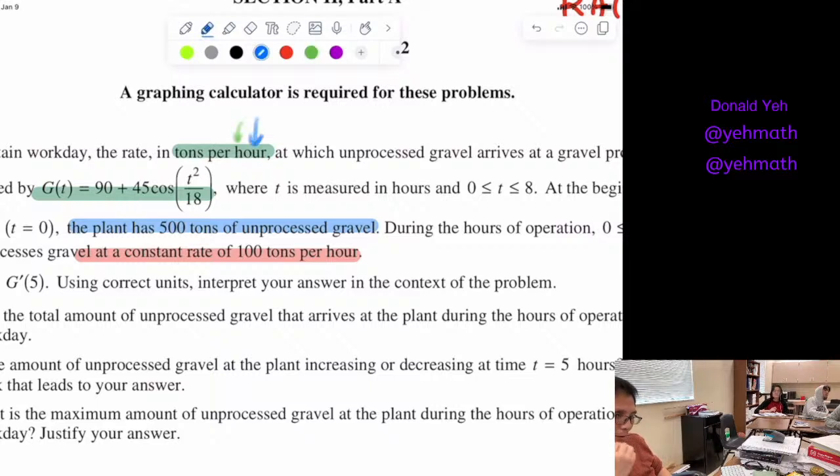The tons per hour is kind of important because they say using correct units. What do you think the correct unit of G prime of 5 would be? Tons per hour. Yes. Do you guys understand that? Because you take a derivative with respect to time.